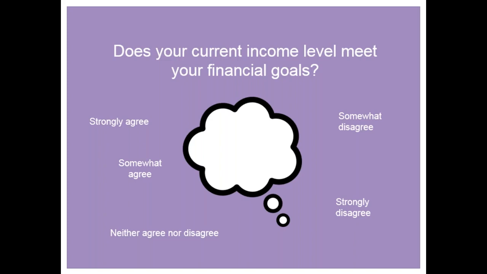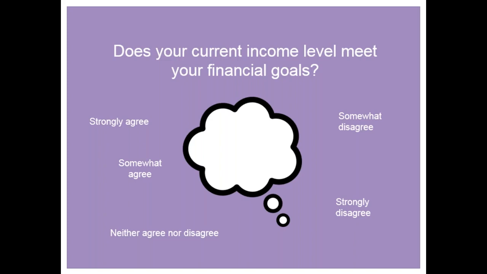I'll just read some out right away. We've got a pretty good split between somewhat agree and strongly disagree. Pretty balanced audience. And what that says to me is that we're all working on this. We're all working towards making sure that our current income level meets our financial goals. This is something that's really important.